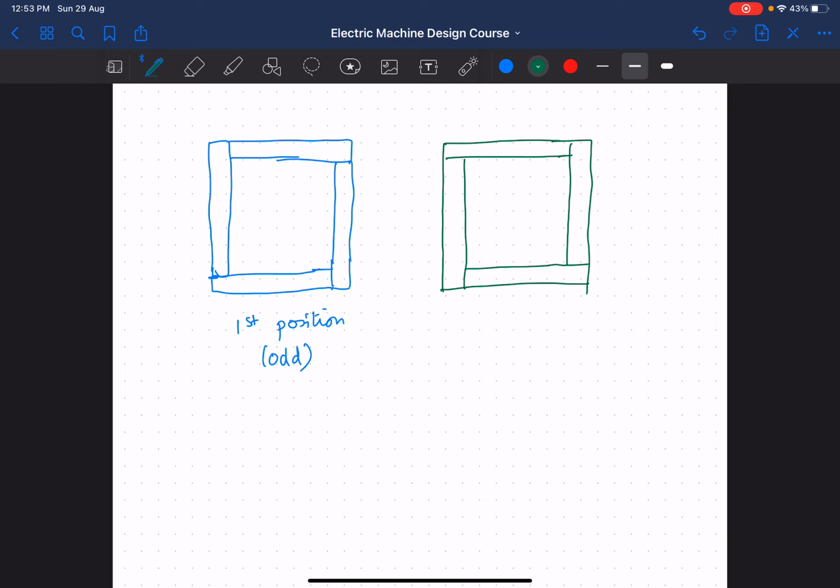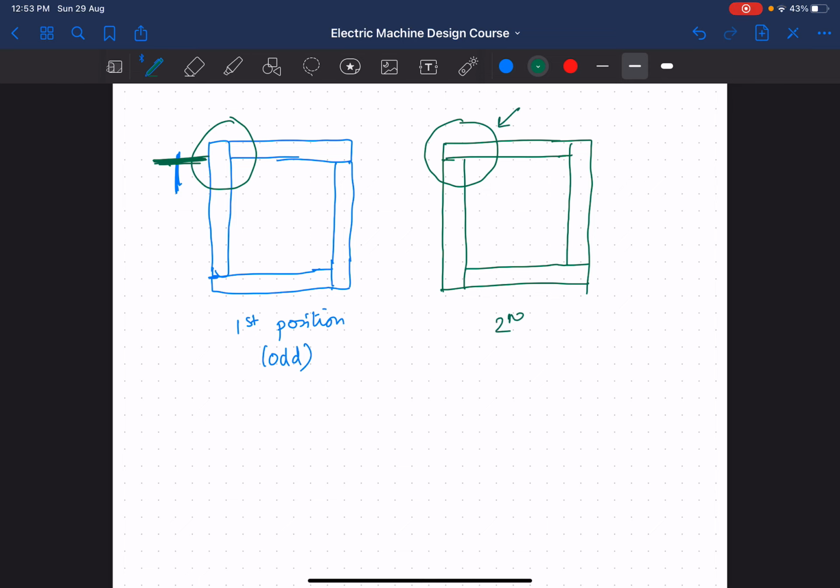Like this. Do you see the difference? If you see this point and this point, this lamination was like this, the blue lamination was like this, and in the next layer it will have a green lamination on top like this here.